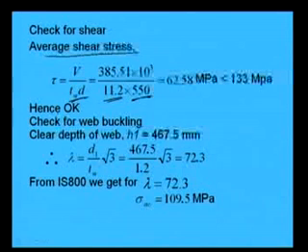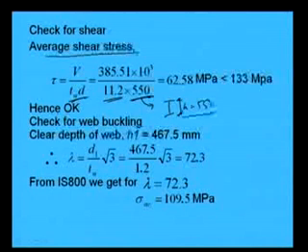In fact this is the total depth, h equal to 550, right. So this is becoming 62.58 MPa, which is less than 133 MPa, because this will be also 33% more than the actual, which was 100. So it should be less than 133 MPa. So this is also okay.